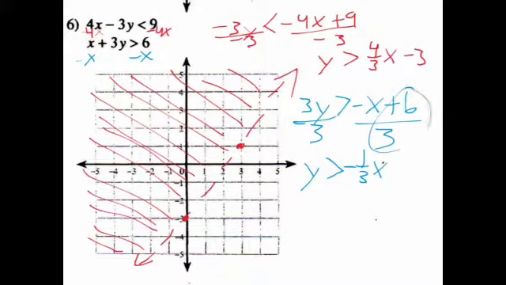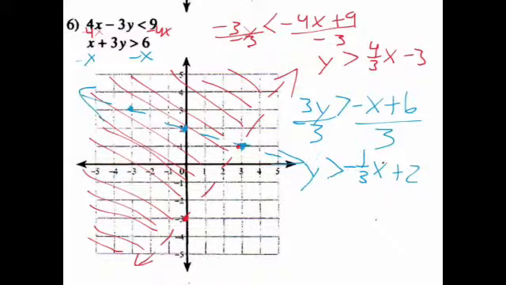And then 6 divided by 3 is 2, so I have plus 2. That's my other inequality. It has a y-intercept of positive 2, the number not with the x. It has a slope of negative 1/3, so I can go down 1, right 3 to get a point. I can also go up 1, left 3, which will give me this point here. And since that says greater than but not equal to, I'm going to draw my dashed line.